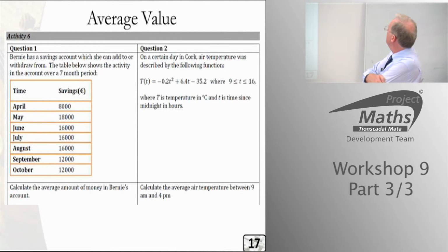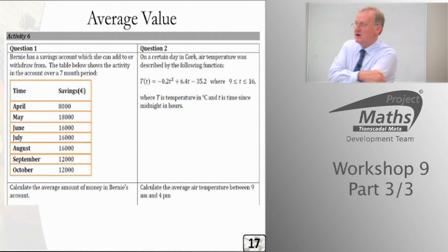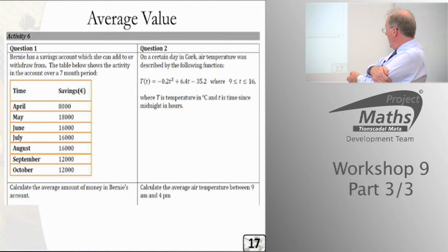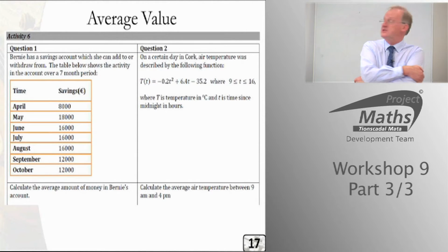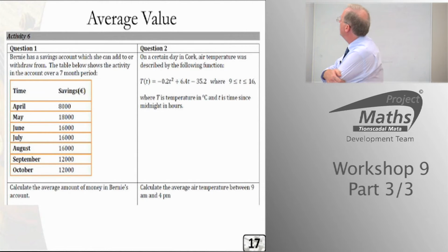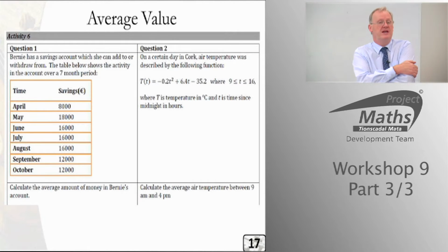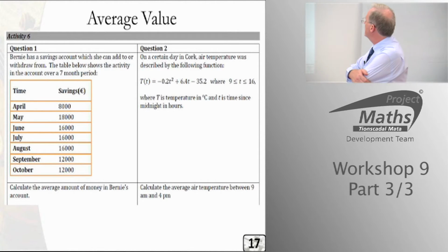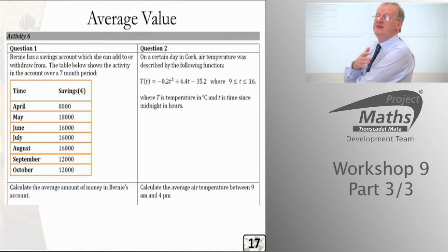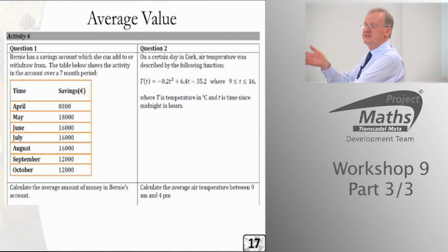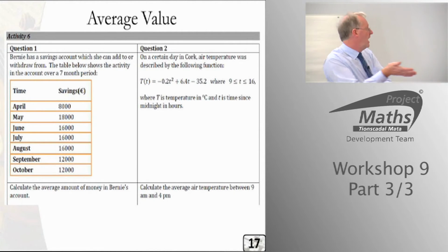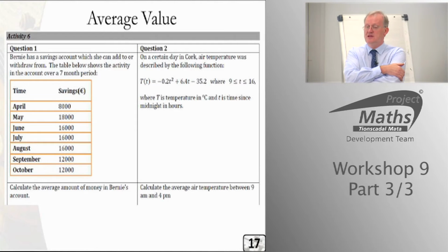But I think, will we work through it or talk through it? All right, look at question 1 there, on page 17. Bernie has a savings account, and there are the details of the money inside Bernie's savings account, and the question is to calculate the average amount of money in Bernie's account. How will I do that, if I can do it?